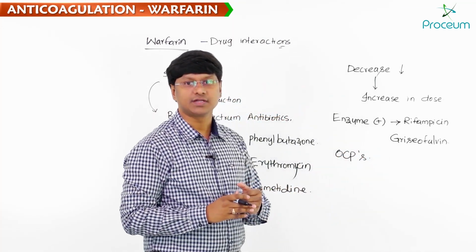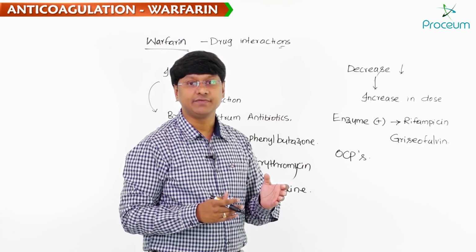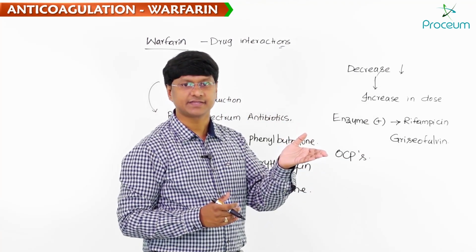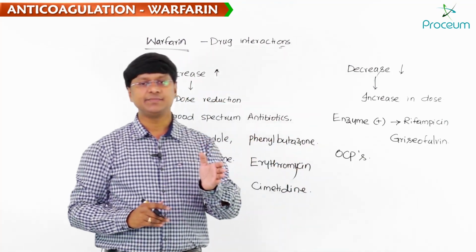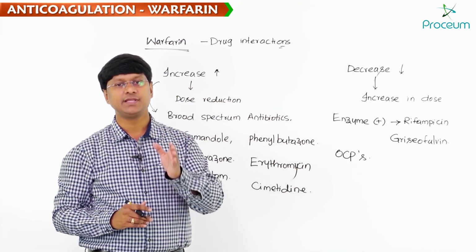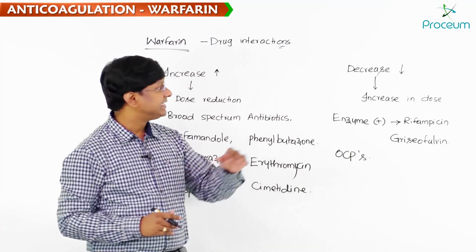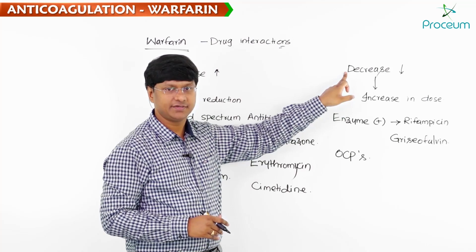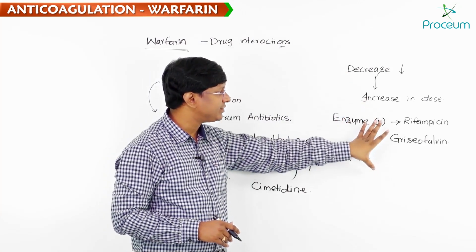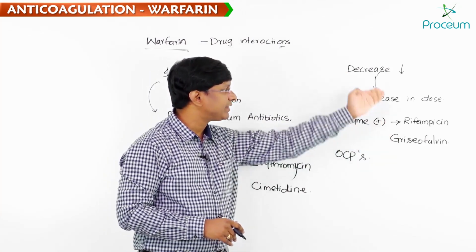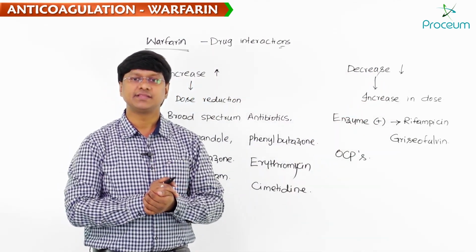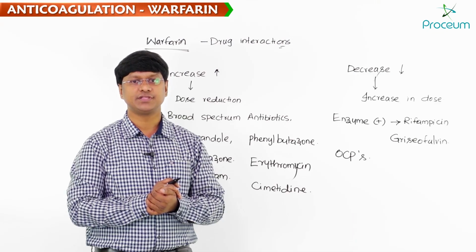They increase the clotting factors. So enzyme inducers like rifampicin, griseofulvin and oral contraceptives decrease the efficacy of warfarin. Whenever you are giving these drugs, you need to increase the dose of warfarin. So these are the drug interactions associated with warfarin.